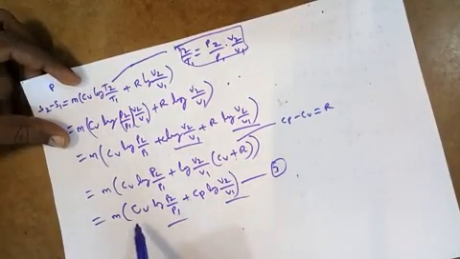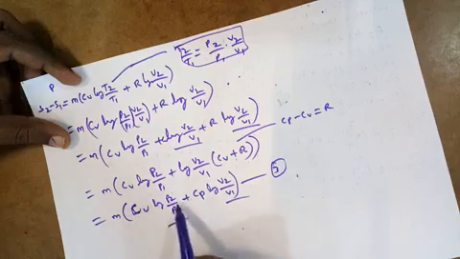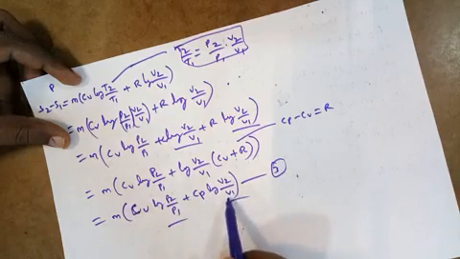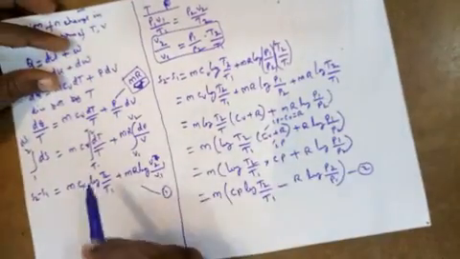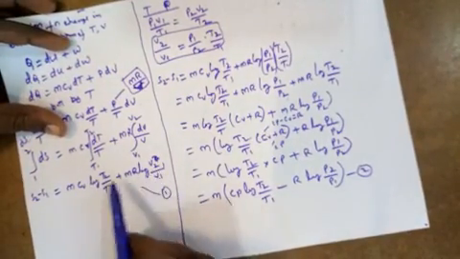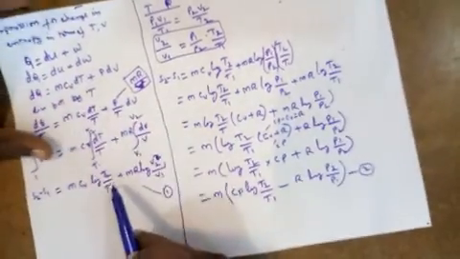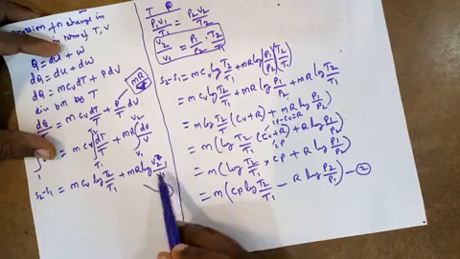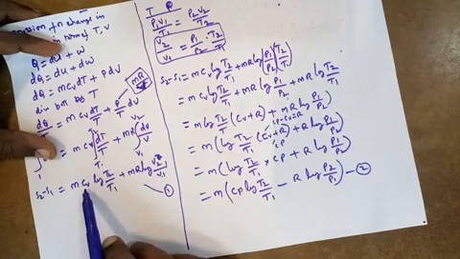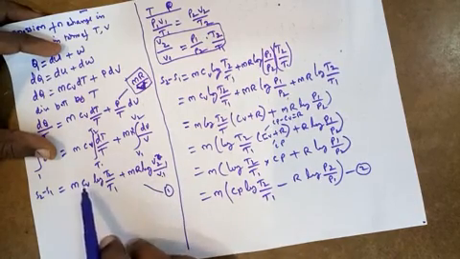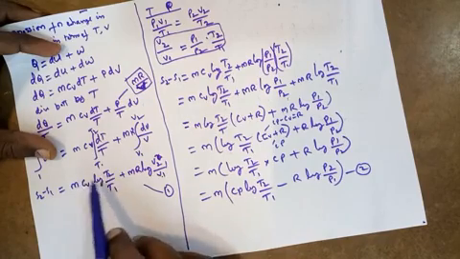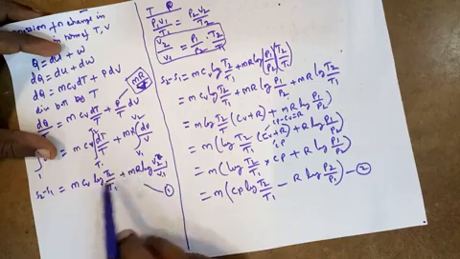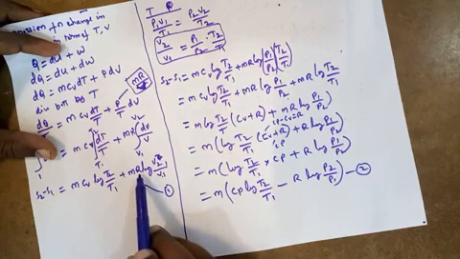You can identify Cv for P2 by P1 and Cp for V2 by V1. Here also you can identify that in the expression in terms of temperature and volume, Cv is placed in front of temperature and R in front of volume.